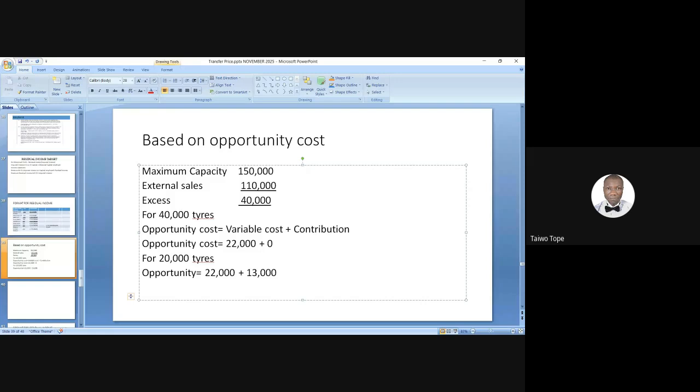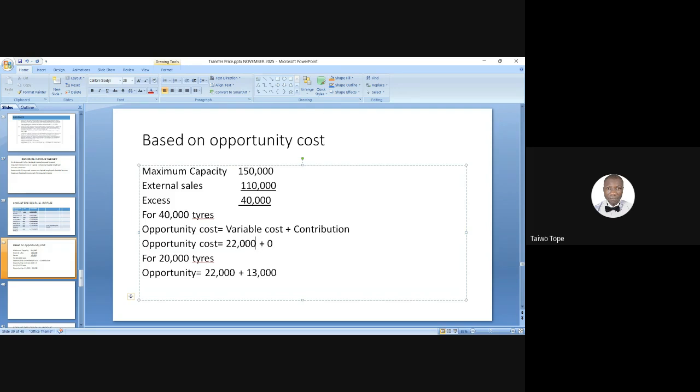market price. So the two prices that they can quote will be 22,000, which is a situation whereby they have spare capacity, 40,000 tires, where nobody is willing to buy. And so they are to sell at 22,000 just to cover up.